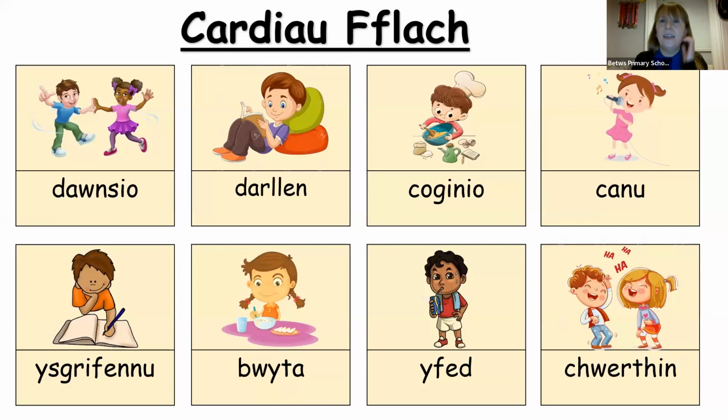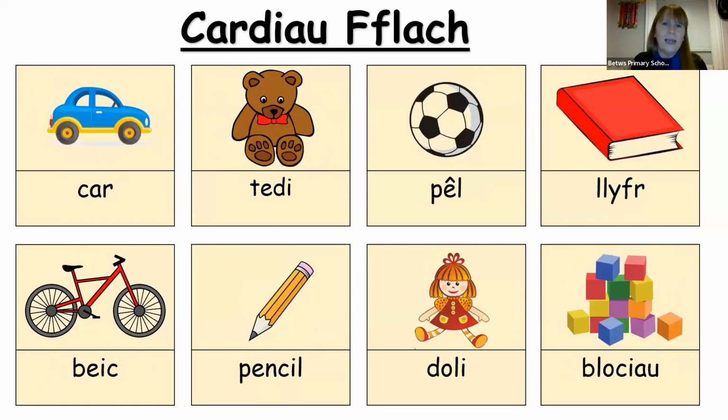We start with something simple with flashcards to get the vocabulary going. This was all about verbs, obviously. And then we've got another one. This was the book Ga I Un Please, Flick a Flack. They went to the toy shop, so we were learning the words for all the toys.